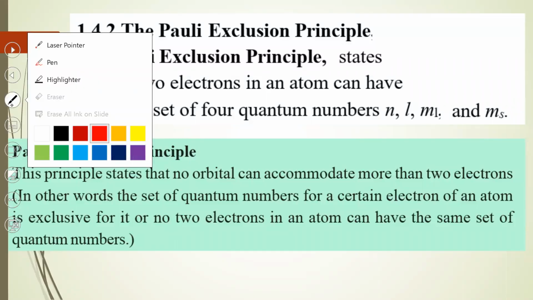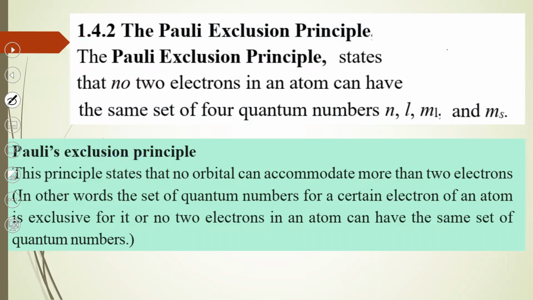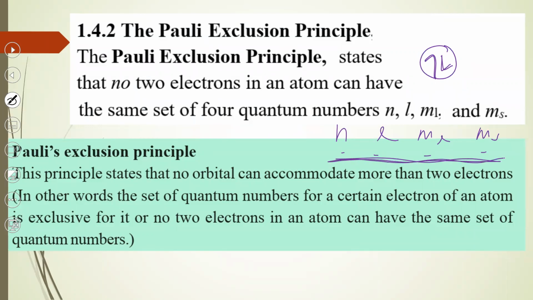For any electron, you can use quantum numbers n, l, ml, and ms. It is like an address, right? Each electron has its own address, a certain set of quantum numbers. 2 electrons cannot have the same quantum numbers.